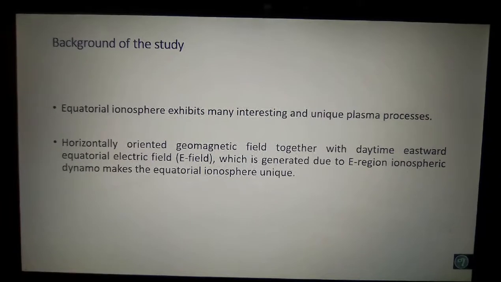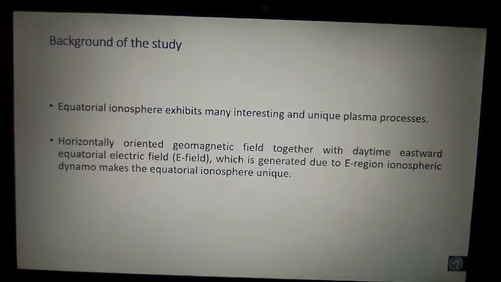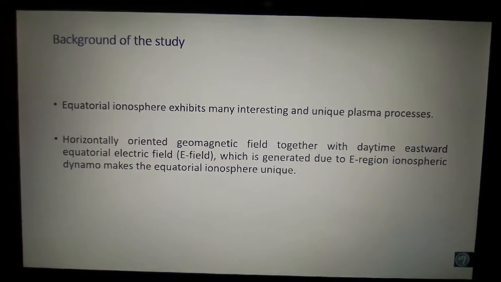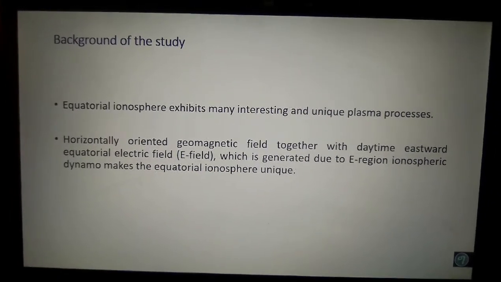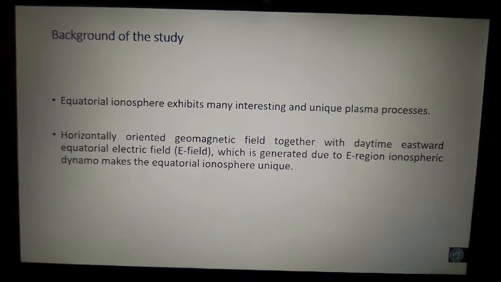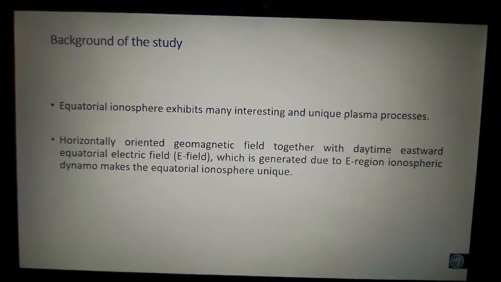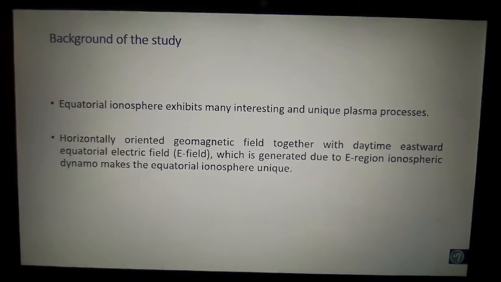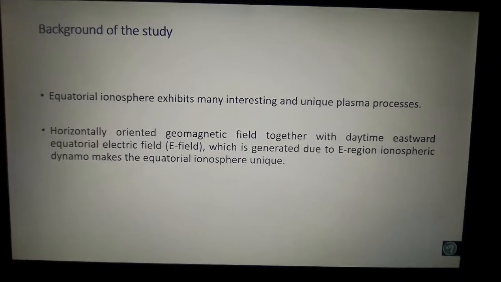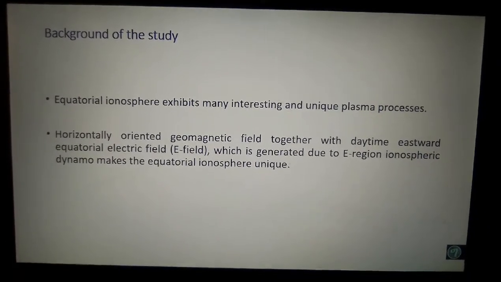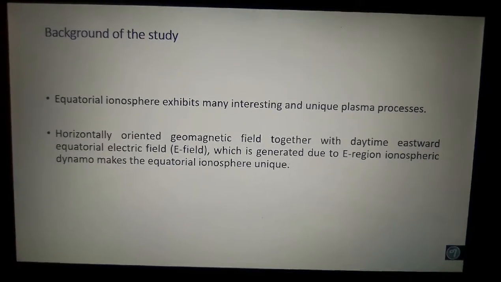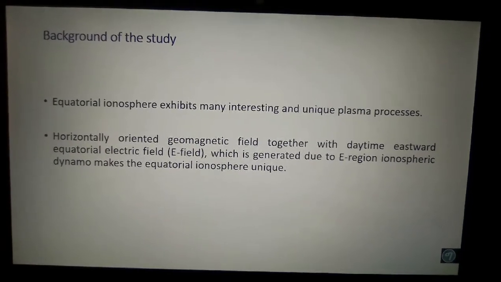Among that, the neutral atmosphere motion produces electric fields horizontally and vertically, and those produced electric fields interact with the geomagnetic field and produce motion of ions.